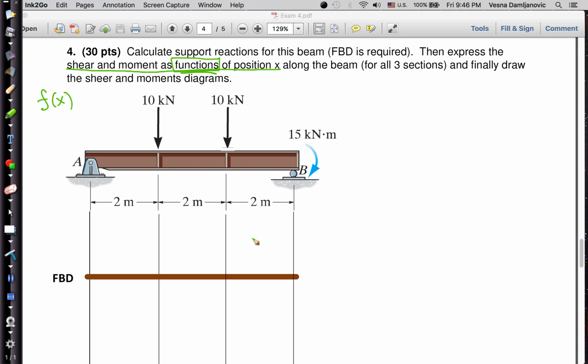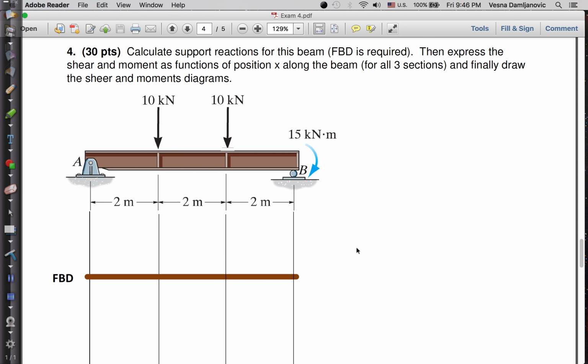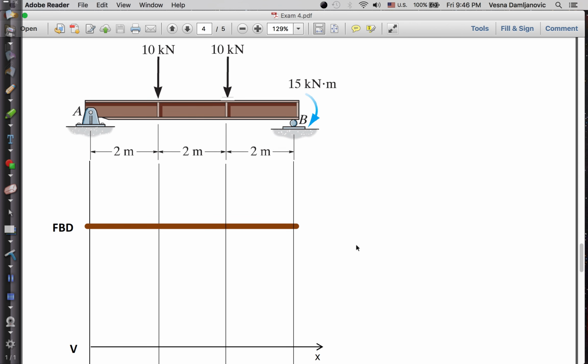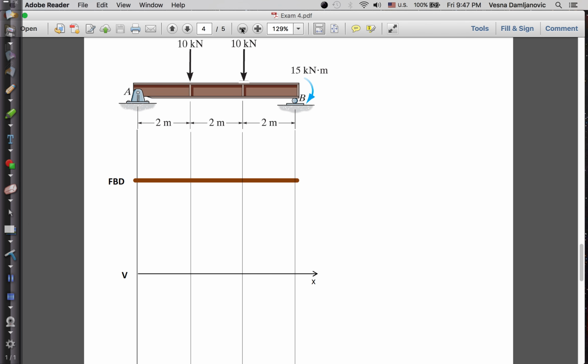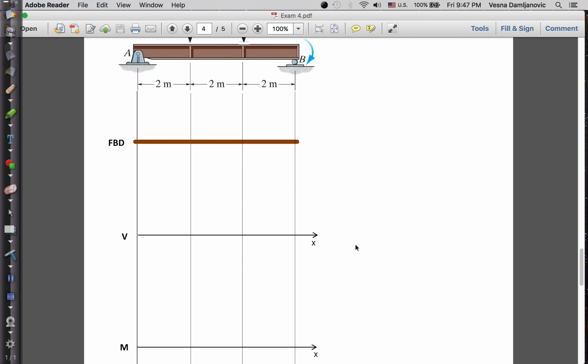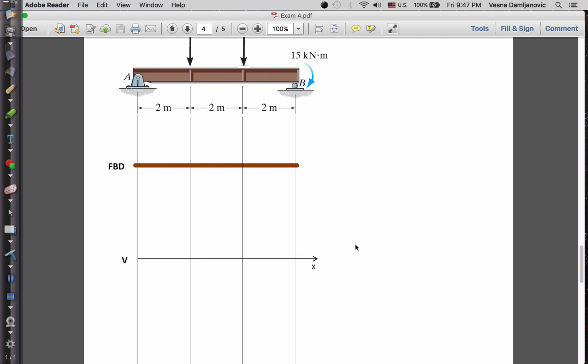I'm going to raise this and send the beam a little higher so that I can do my calculations. And at some point, I'm actually going to move it up a little, maybe make it smaller, like that. And then hopefully there'll be room down when I'm doing the moments.